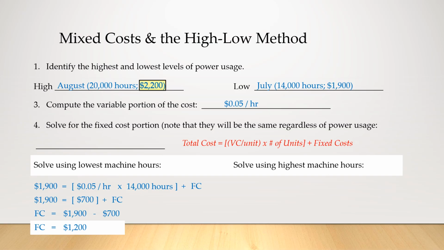The process using the highest machine hours is identical, and it will yield the same result. The total costs in the high month are $2,200. The rest of the formula will be the same, except we will plug in the hours for August, not July.